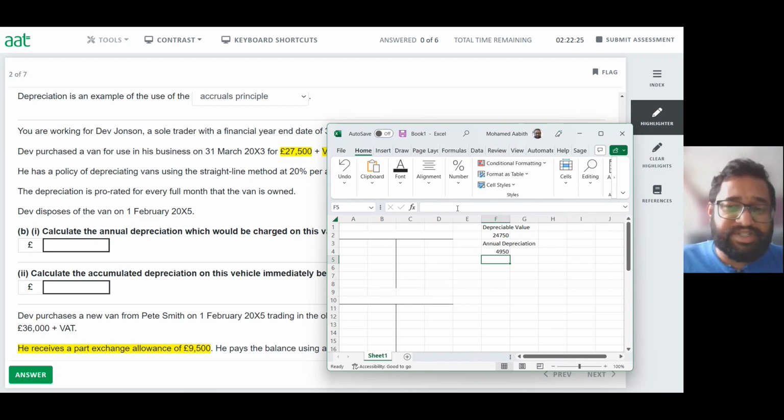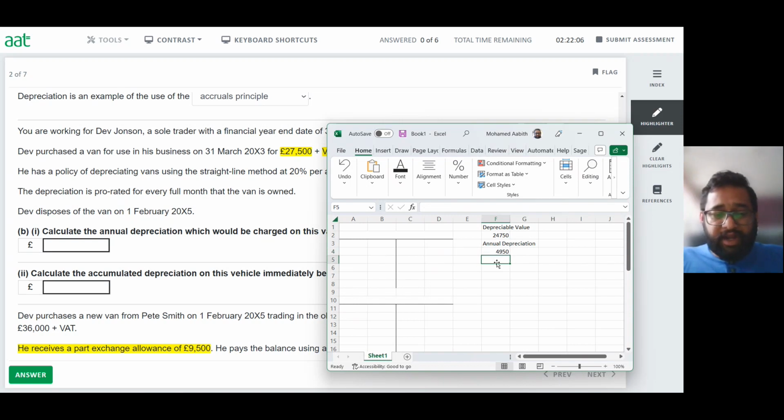You will take all the depreciable value out of the non-current assets value. So we will end up with only the residual value after that. But we will know easily if you just multiply by 20%, it gives you the same answer. So here, that's my annual depreciation.